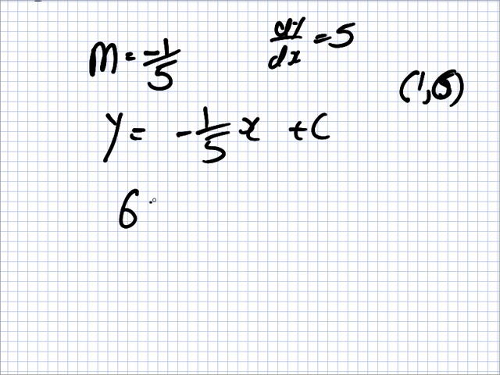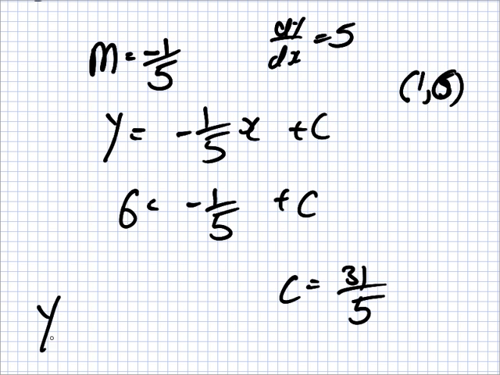So 6 equals minus a fifth plus c, so c is 31 fifths. So y equals minus a fifth x plus 31 fifths. That's the normal, the line perpendicular to it. Okay, we'll do another one now.